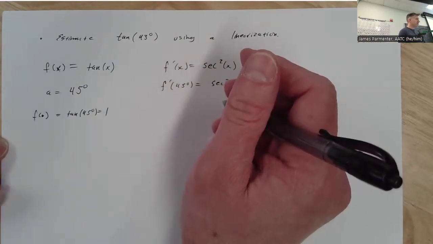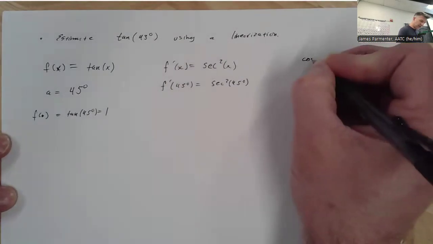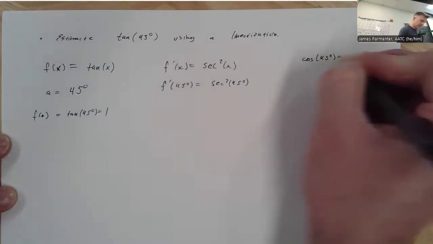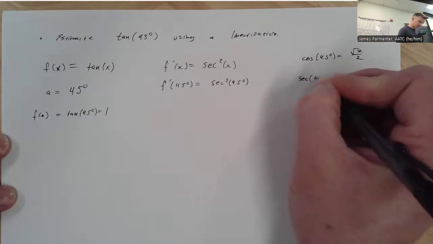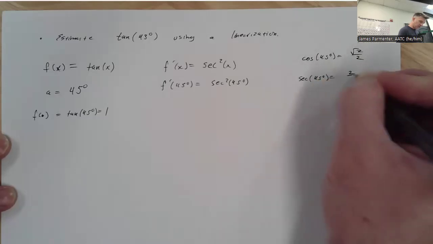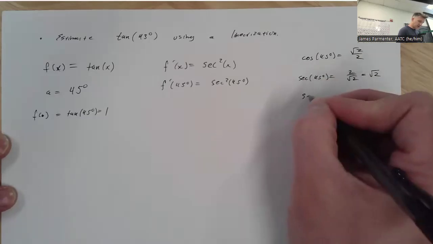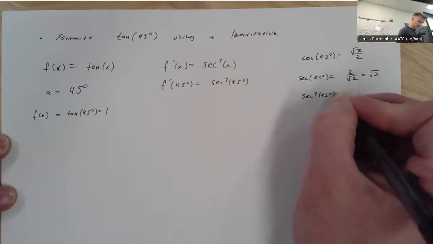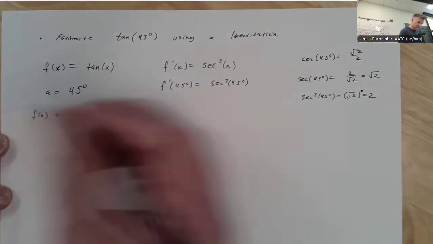Is it 2? Here's what I'm really thinking of. I know that cosine of 45 degrees is equal to root 2 over 2. So secant of 45 degrees is equal to 2 over root 2, which reduces just to the square root of 2. And then secant squared of 45 degrees is the square root of 2 squared, which is 2. So 2.